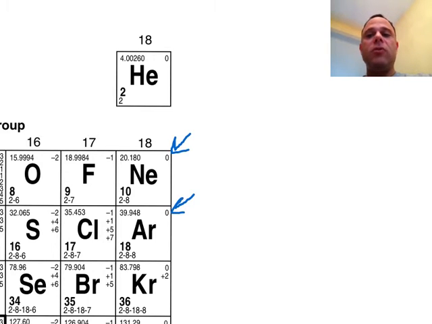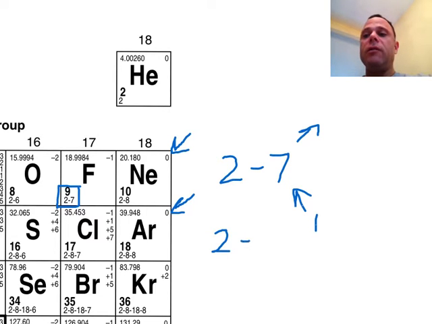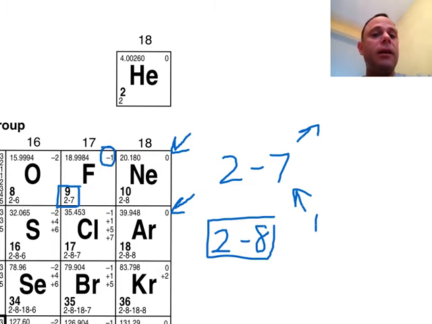Argon, the same deal. So let's instead focus on fluorine, which has a 2-7 electron configuration. Is it easier to lose the 7 or gain 1? Far easier to gain the 1. It then acquires an electron configuration of 2-8. Now because it gained an electron, it now has a -1 charge, and we call that an anion.